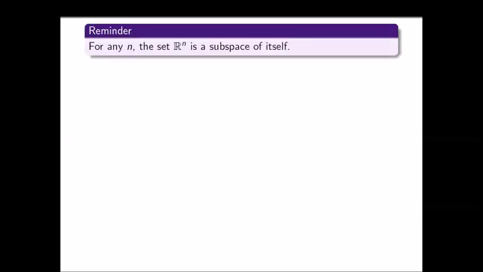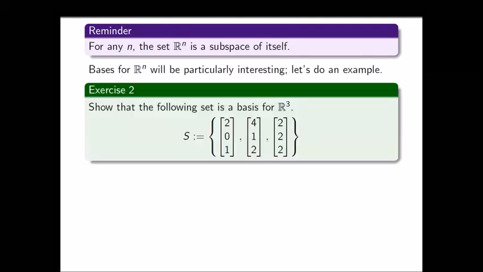Now let's focus on a special subspace of Rn, that is Rn itself. Recall that for any n, the set Rn is always a subspace of itself. So the next exercise I have is exactly the same as the previous one.